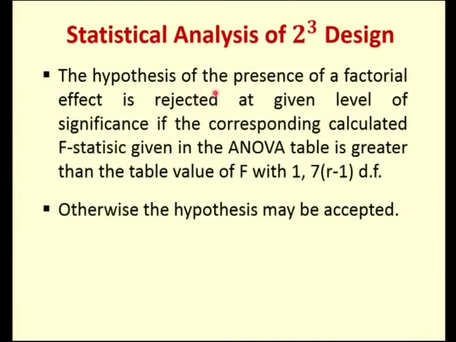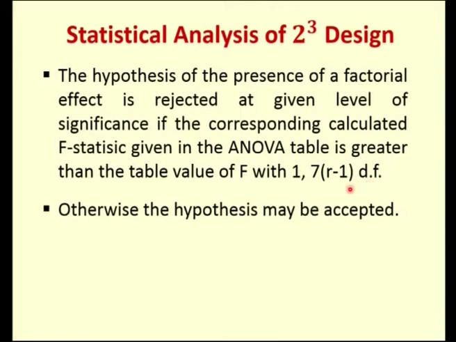The first column will be as usual the sources of variation, then degrees of freedom, the third column representing the sum of squares, then the fourth column mean sum of squares, and the last column, that is the fifth column, is the F ratio. The hypothesis of the presence of a factorial effect is rejected at a given level of significance if the corresponding calculated F statistic given in the ANOVA table is greater than the table value F with 1, 7 times (r minus 1) degrees of freedom.